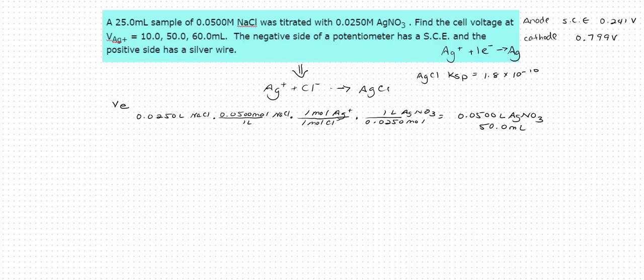So given these volumes, I have at equivalence, I have before, and I have after. We have different calculations we need to do for each of those scenarios. So let's start with our 10 milliliters of silver solution. And I know that this is 10 milliliters of the silver solution because of this right here, the volume of Ag+.